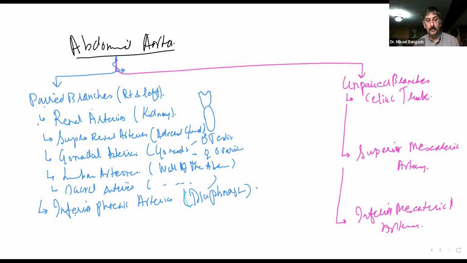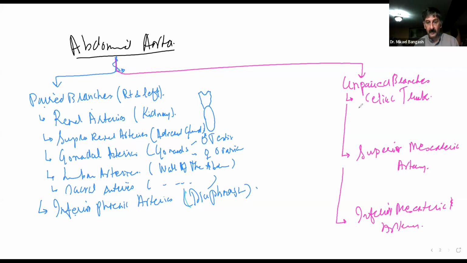Those of you who remember it from that time, hallelujah, because it's going to be very simple. Just understand what these blood vessels here are going to supply.